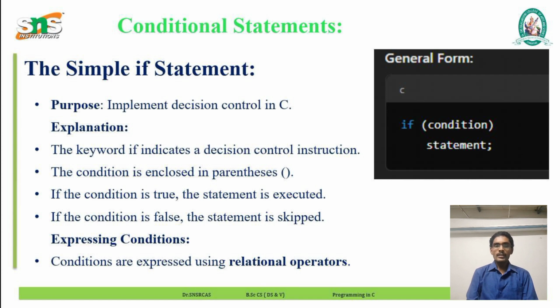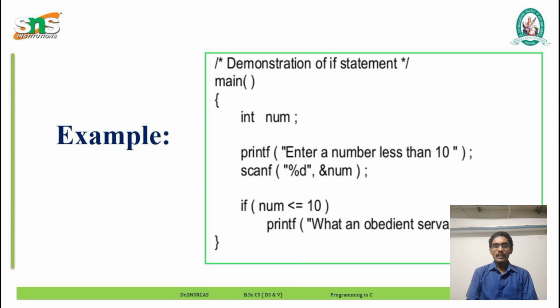The next one is an example for simple if. Here, from the simple program, within the if statement, the variable number less than or equal to 10 is compared. It means the condition is used to check whether the value of num is less than 10 or not.